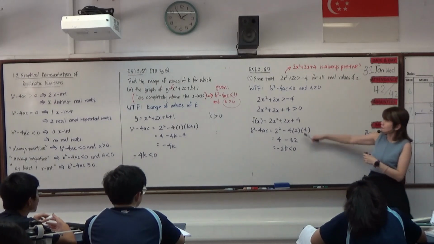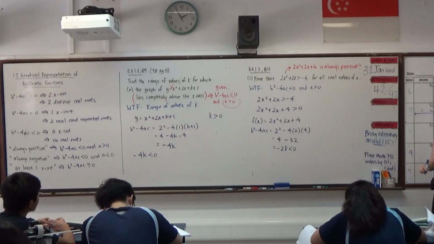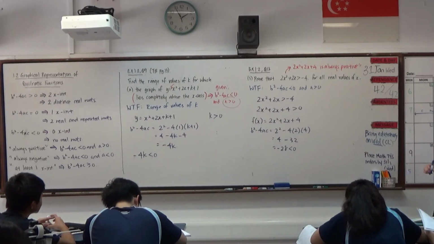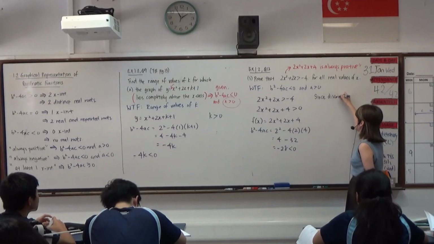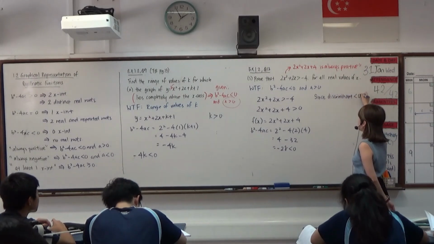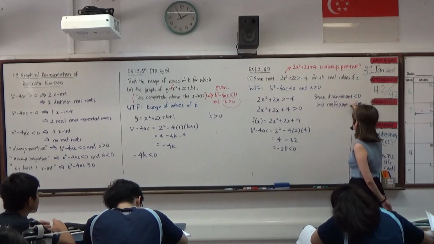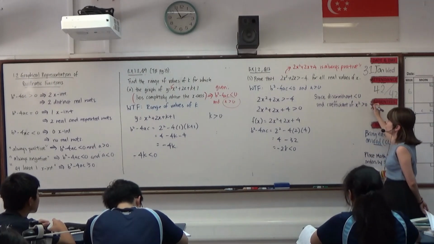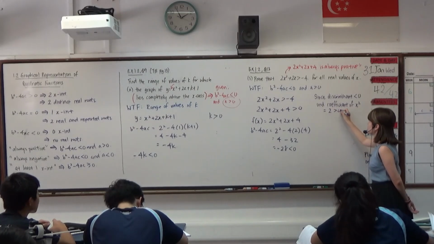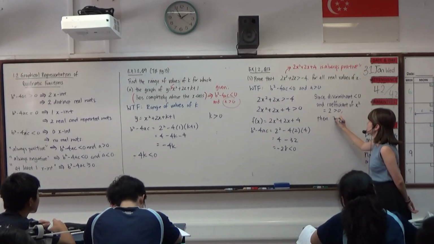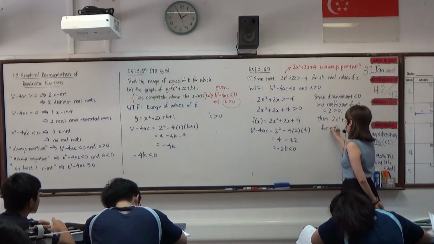Okay, so we have found that it is negative and less than 0. So to prove that, we will say that since discriminant less than 0 and coefficient of x squared is more than 0 because it is equal to 2, then 2x squared plus 2x more than negative 4 for all real values of x.